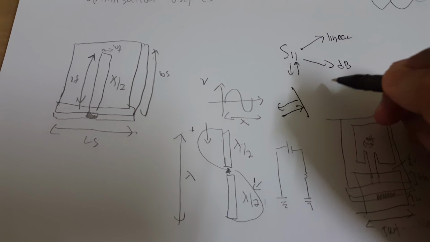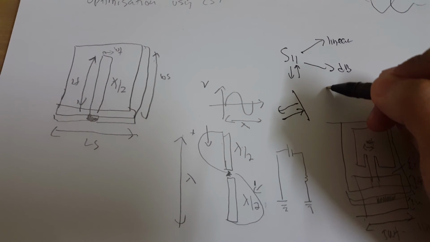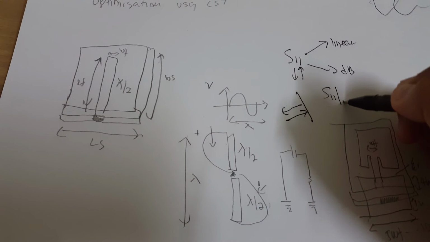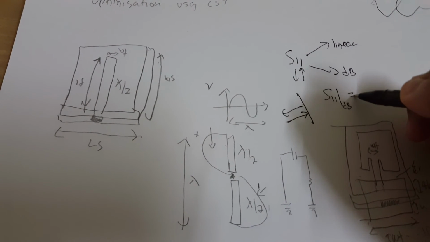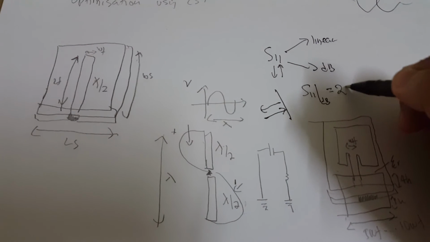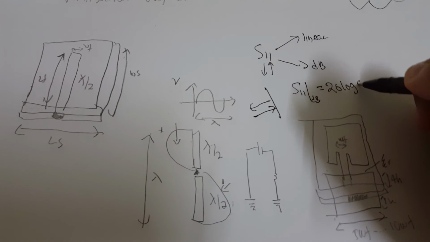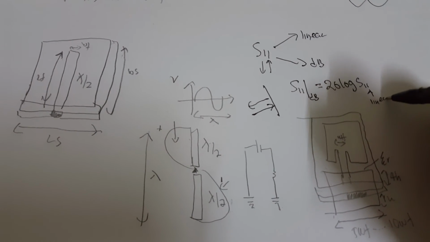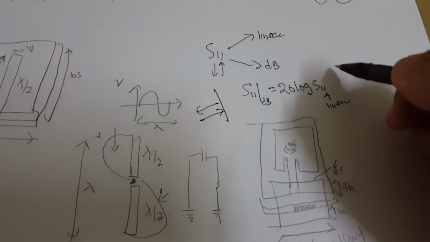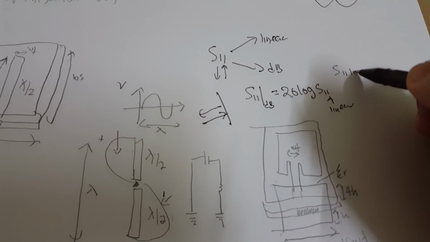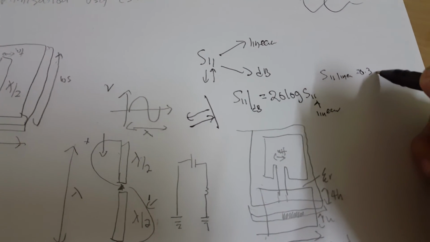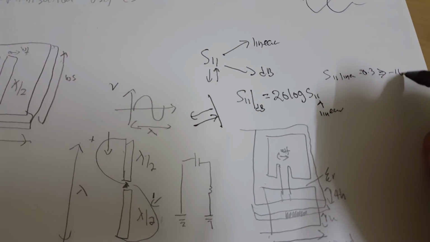So in antenna, it is in terms of dB scale. Let's say in dB, we have actually 20 log of S11 in linear. So let's say S11 linear of 0.3 is actually equivalent to negative 10 dB.